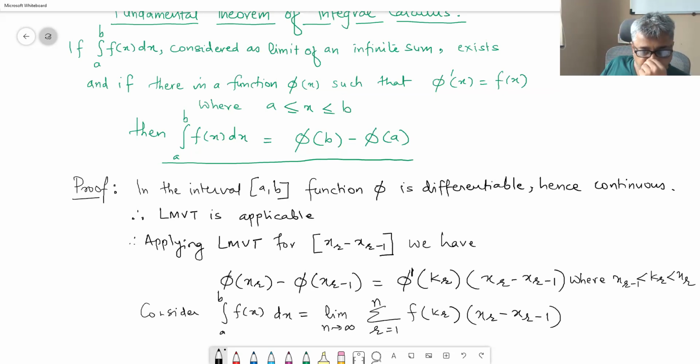Now it is given that phi dash of x is equal to f of x for every x between a comma b.